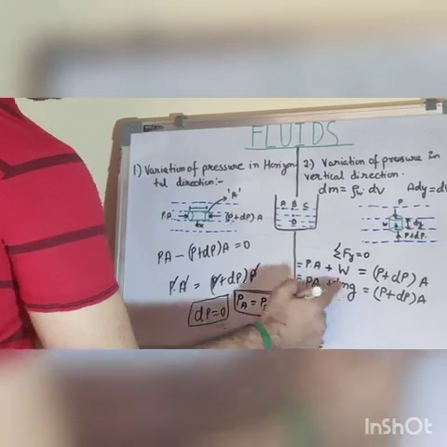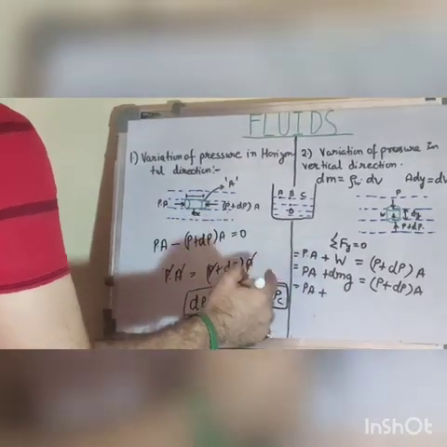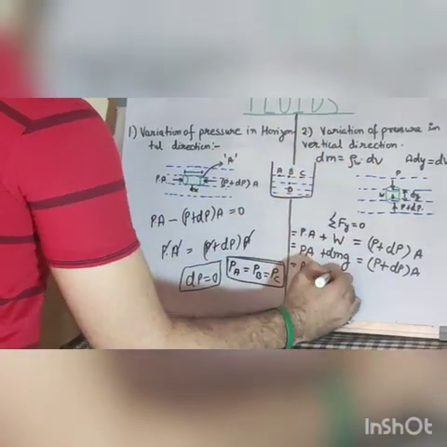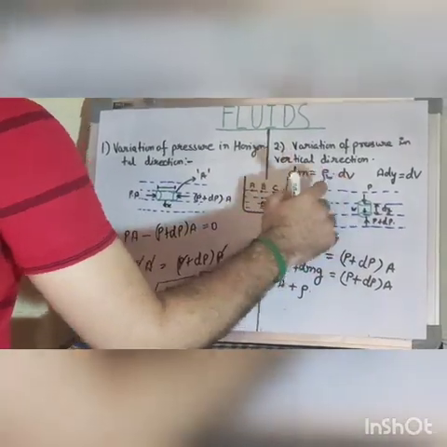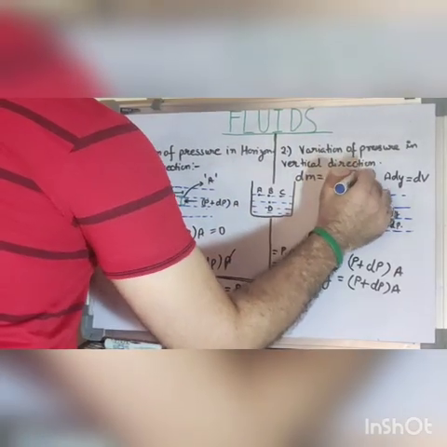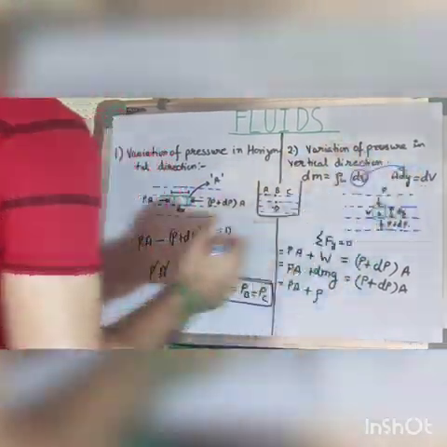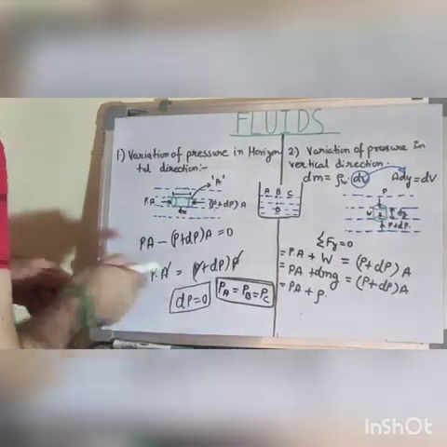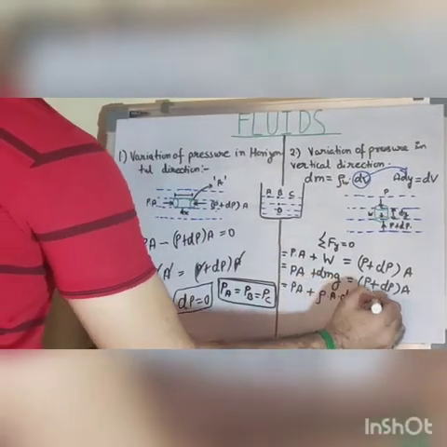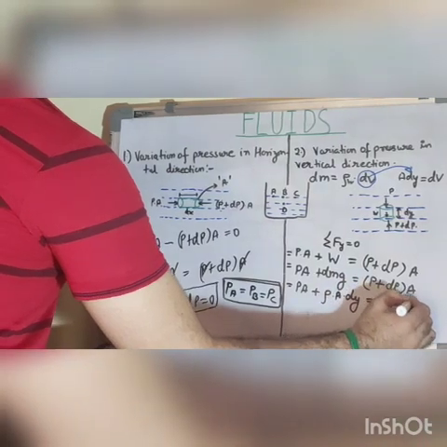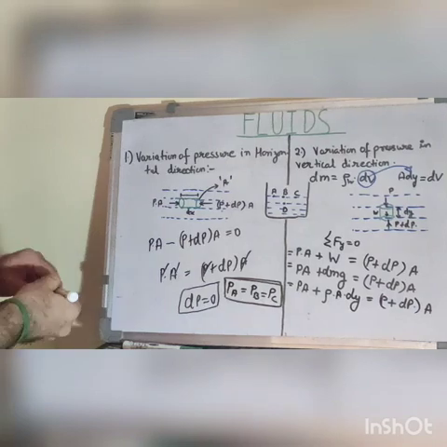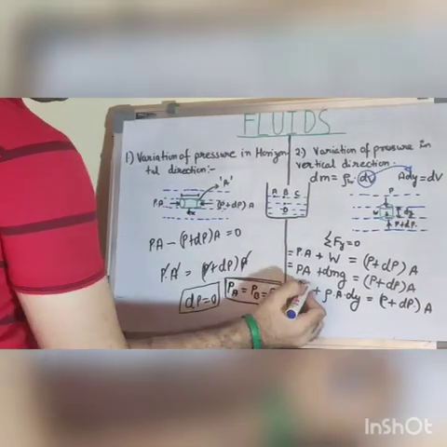PA plus what is the value of dm here? It is rho into dV. We can write rho into dV. Again we substitute the value of dV as A into dy. So we will write A into dy, which is equal to P plus dP into A. So we can say that A gets cancelled out from all the sides.